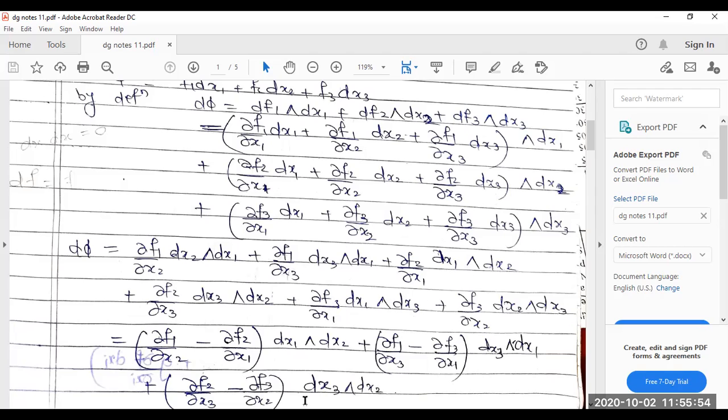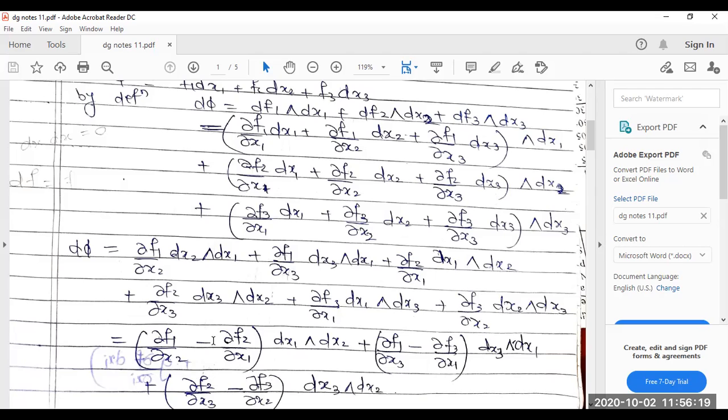What we remain with in the last term is dx3 wedge product with dx2. So the terms here: the second term is ∂f3/∂x2, and here ∂f2/∂x3. And hence finally we get this expression. Okay, so now we have got the expression for dω.